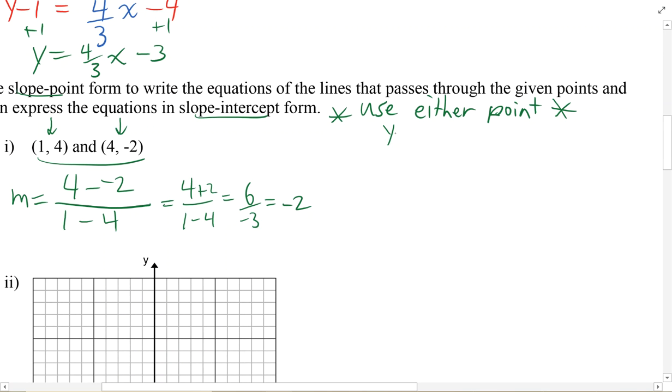So y minus y1 equals m bracket x minus x1 bracket. Then y minus, and we're going to start filling in the blanks, x minus. So now I want you to fill in the blanks, right? You got to have a point value, a slope, and a point value. Go for it.